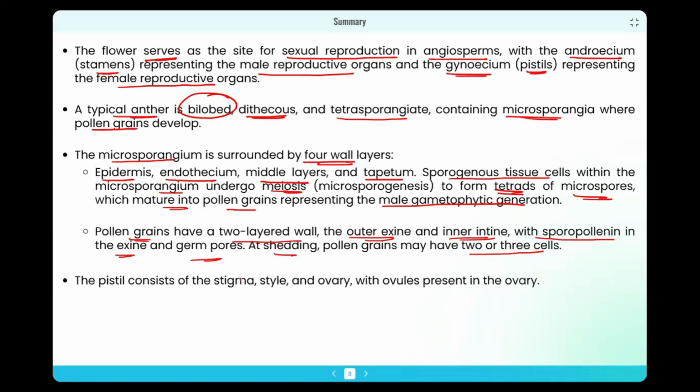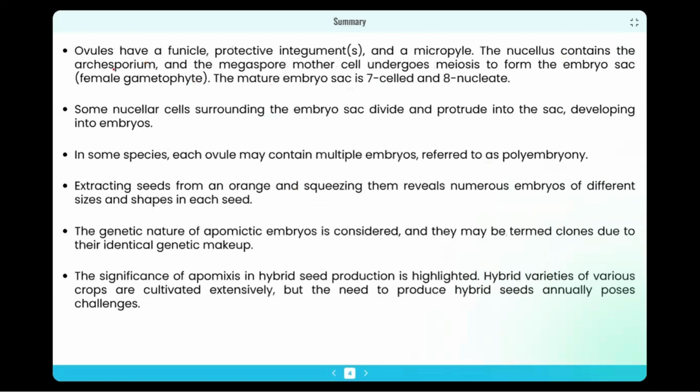Now, the pistil, which is the female reproductive organ, consists of stigma, style, and ovary, with ovules present in the ovary. Ovules have a funicle, protective integuments, and a micropyle. The nucellus contains the archesporium and the megaspore mother cell, which undergo meiosis to form the embryo sac, that is the female gametophyte.